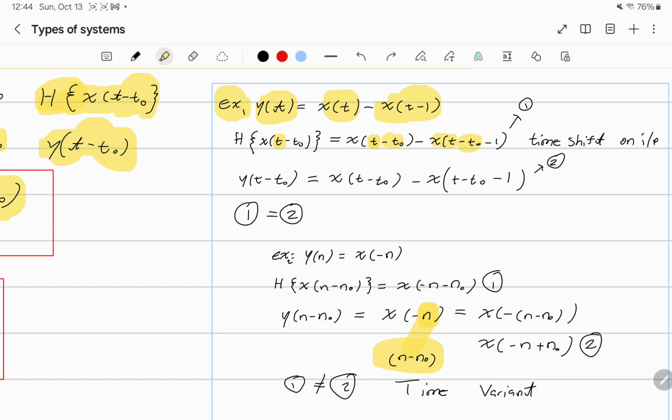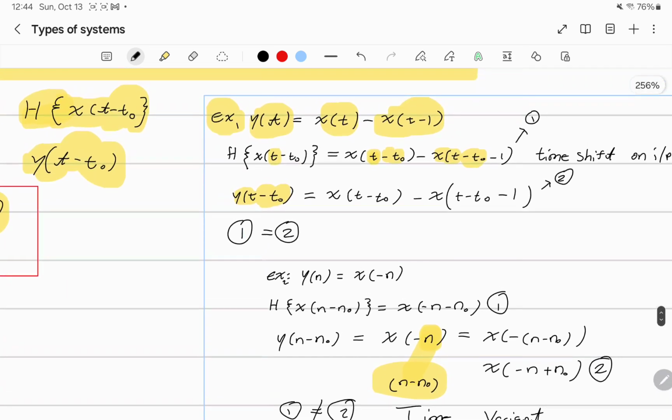The time shift on the output is a little different. What I'm doing is substituting t minus t naught for t. Before, I had x of t minus x of t minus 1.